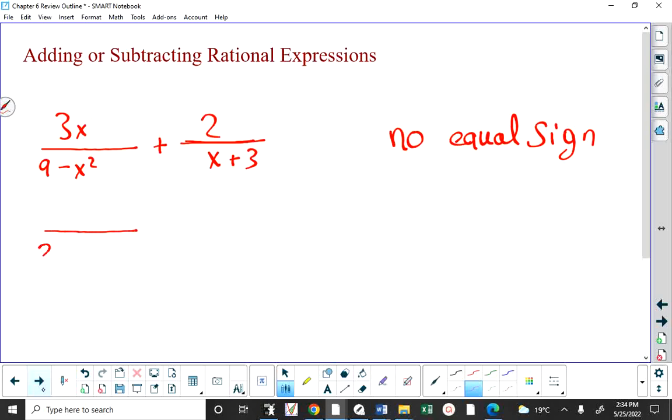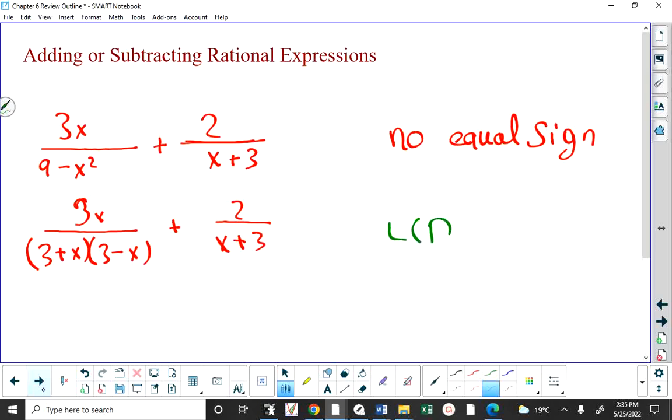You would factor everything completely. And this is a fairly tame one. And you would identify the lowest common denominator, which would be 3 plus x, 3 minus x. I hope you understand that 3 plus x and x plus 3 are the same. Right? Okay.